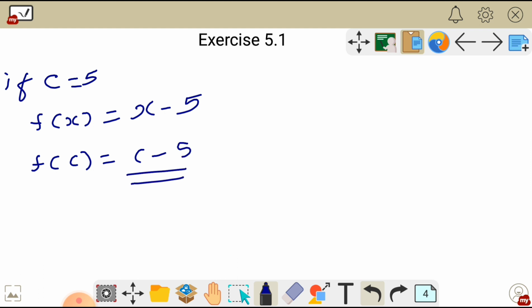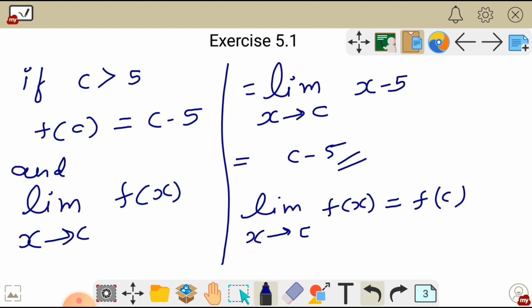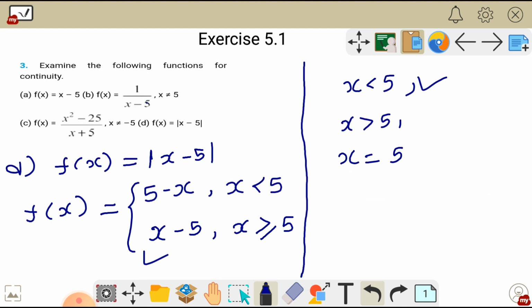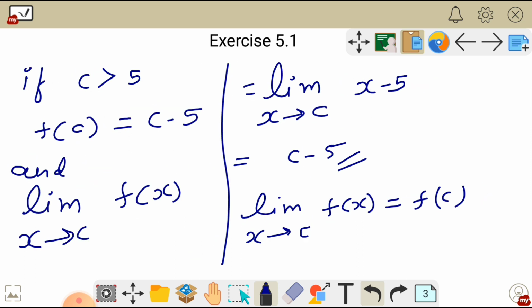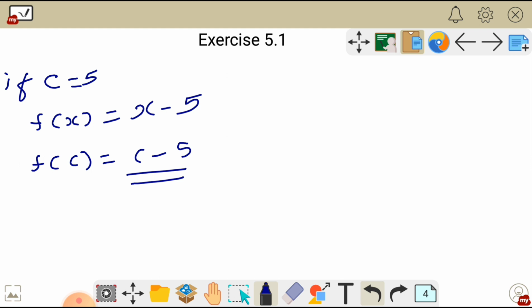Okay. Now to check the continuity at the particular point c equal to 5, we have to check whether left limit and right limit coincide. Why do we have to check left limit and right limit? Because it is a different function for left and right, right? For left limit it is 5 minus x and for right limit it is x minus 5. So it is really necessary to check whether both the limits coincide at a point. So let me check it.